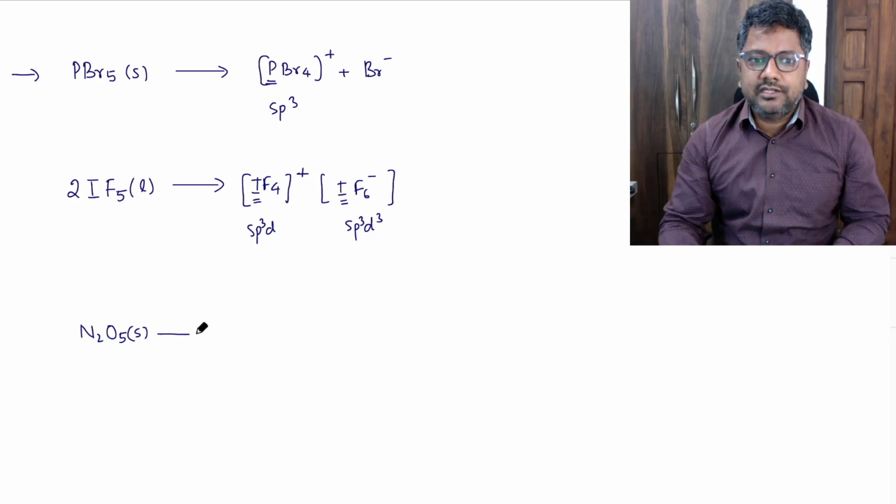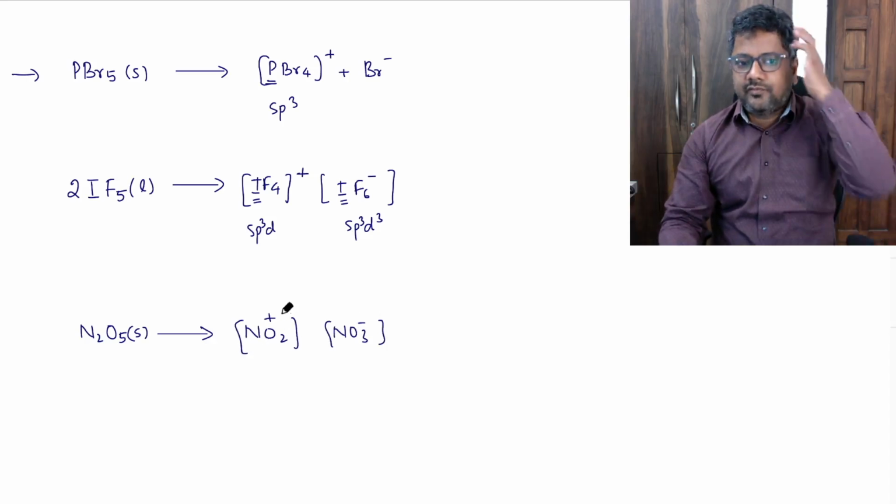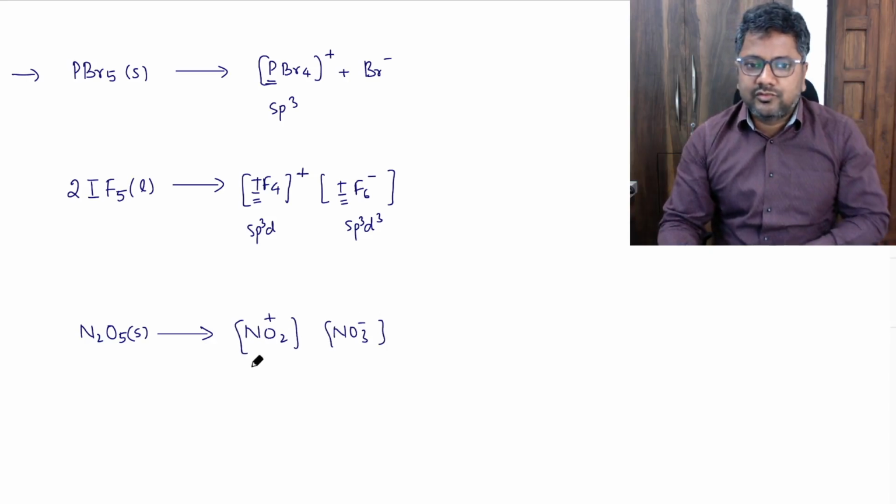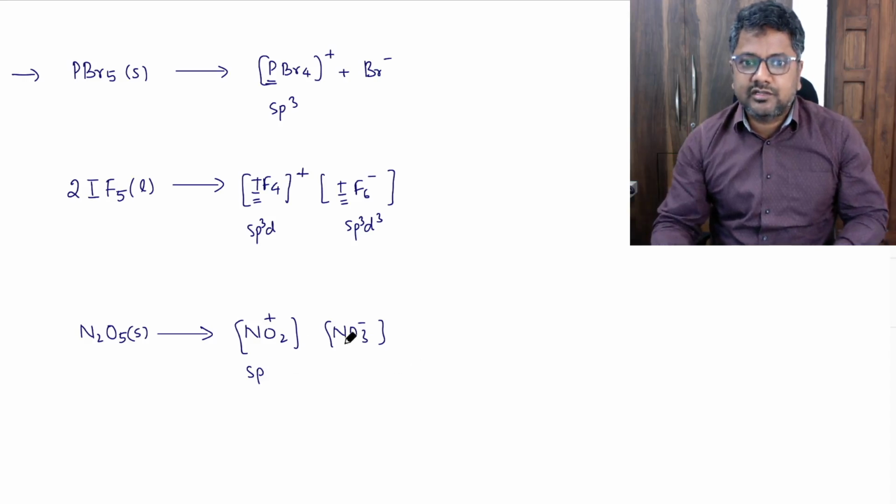Now see N2O5. In solid form this will exist as NO2 plus and NO3 minus, right? So 5, 1, 4, so here you will have sp hybridization, and 6, so this is sp2.